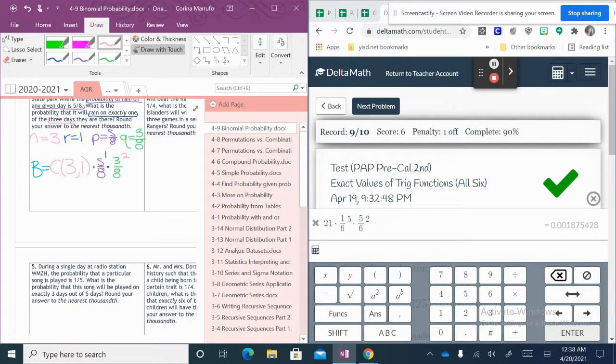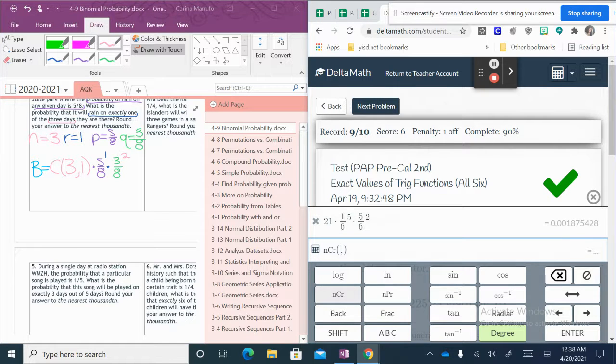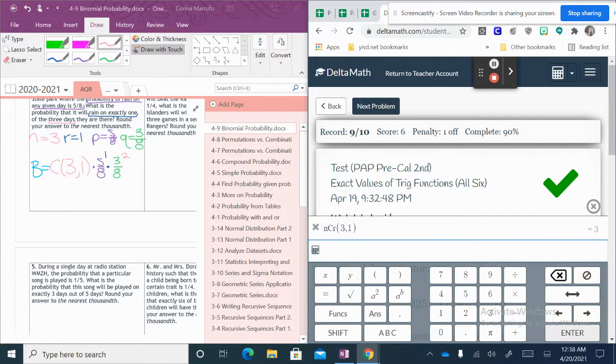So now, first I'm going to find the combination. So we press functions, we find the combination. We have 3, comma, 1. And I hit enter, that gives me 3. Okay, so the probability here is B equals 3 times 5/8 to the first power times 3/8 to the second. So I go ahead and put that in my calculator.